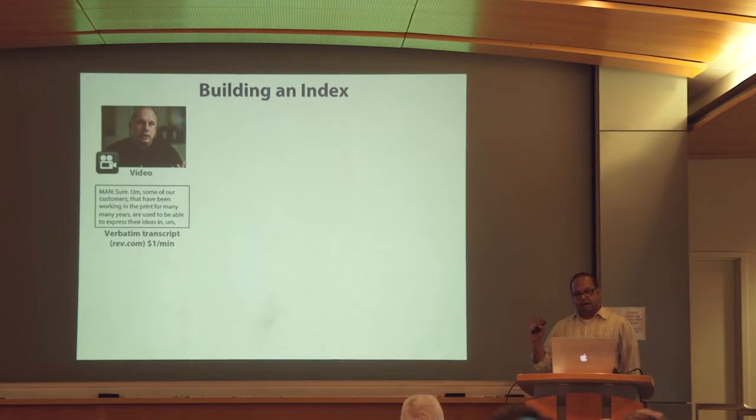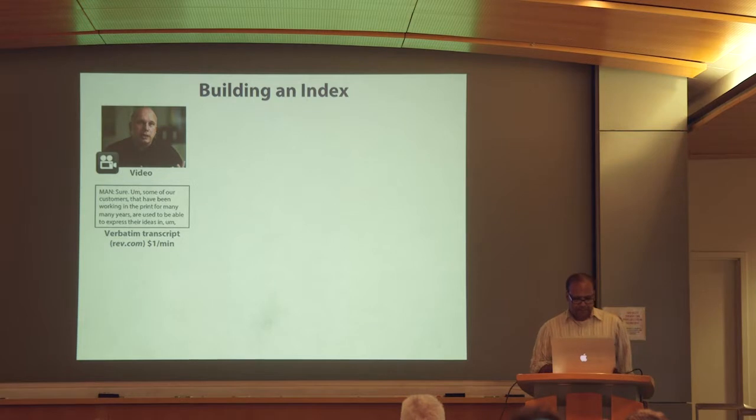It's a verbatim transcript. It's really pretty amazing. We found that these crowdsourced transcripts are far more accurate than current automatic speech-to-text algorithms. Of course, in the future, you might want to replace this with automatic speech-to-text, but this is what we're using today.